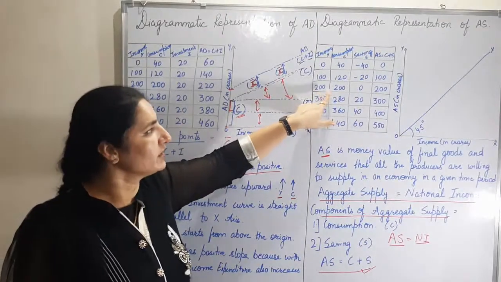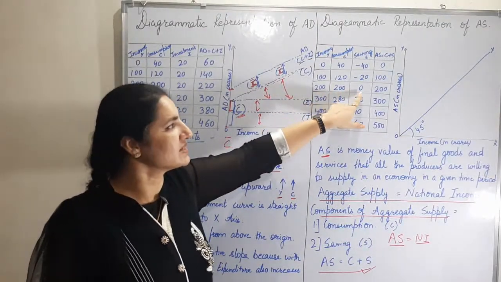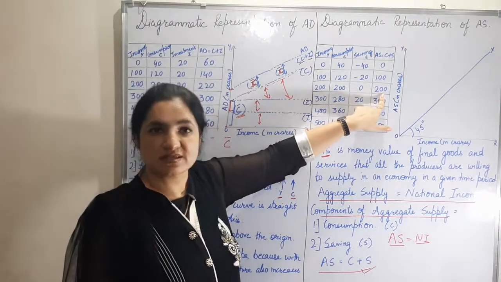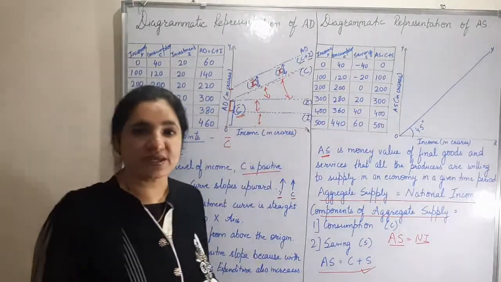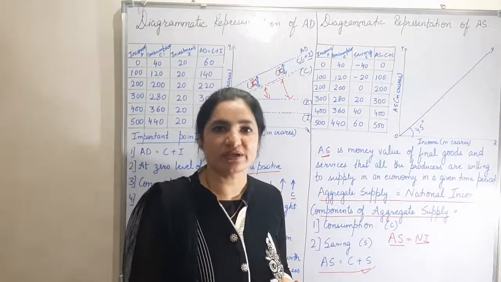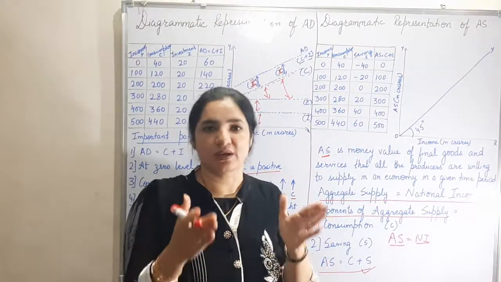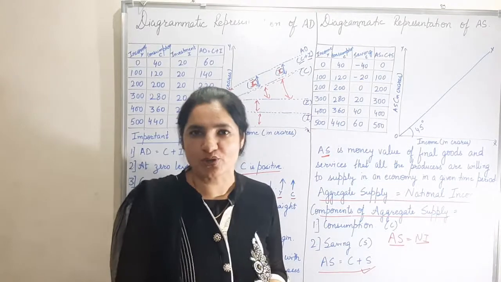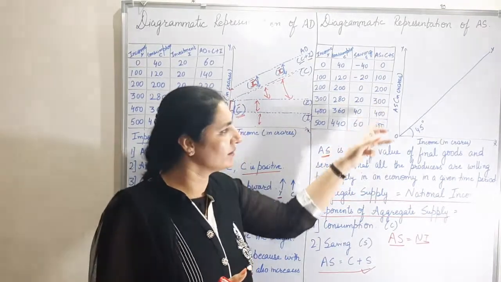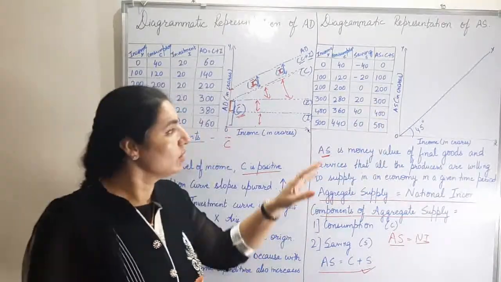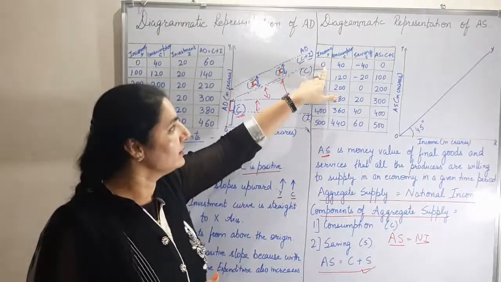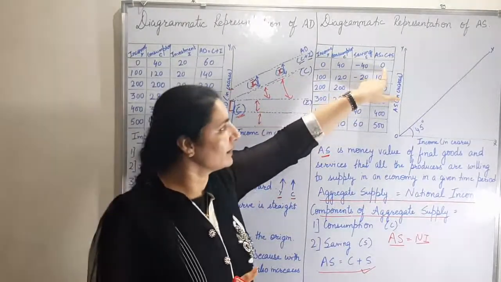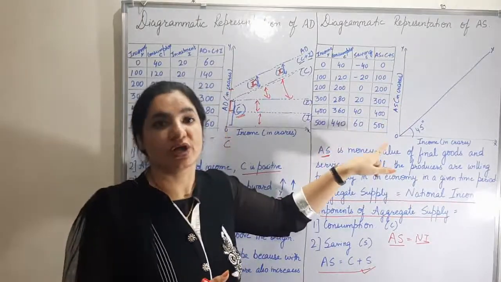On the third level of income, see, consumption is equal, so saving is 0 and AS is equal to 200. Same way, as consumption is increasing, the tendency to save is also increasing, and as both are increasing in the same proportion, saving also increases.